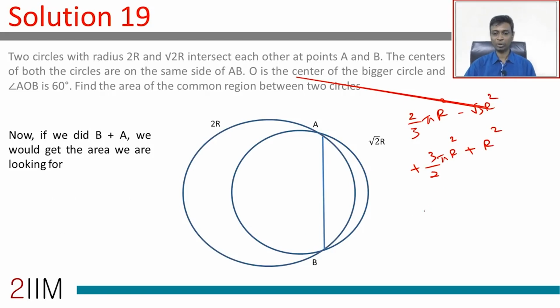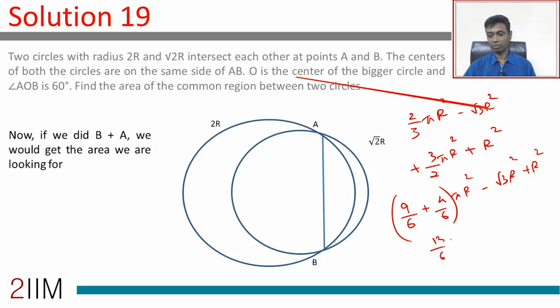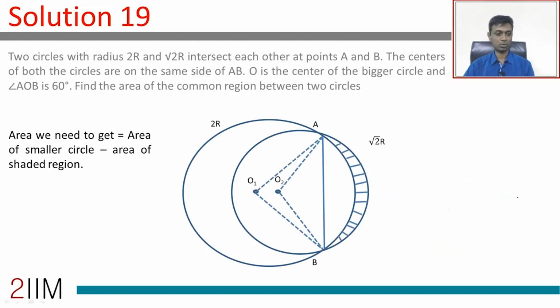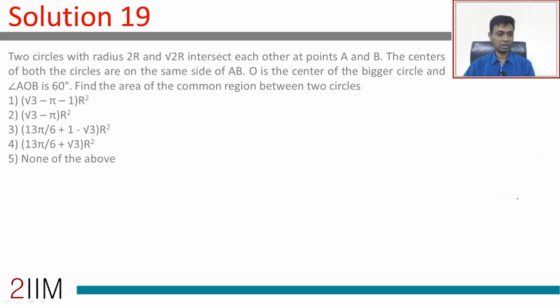Let's put the pi's together. 3 by 2 is 9 by 6, 2 by 3 is 4 by 6, 9 by 6 plus 4 by 6 pi r square minus root 3 r square plus r square, or the area would be 13 by 6 pi r square minus root 3 r square plus r square. Let's see if that matches with one of the choices that we have. 13 by 6 pi plus 1 minus root 3, times r square, is the answer.